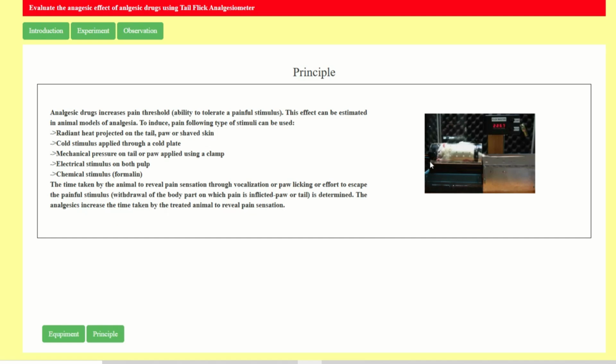It means if you have taken an analgesic, it will increase your pain bearing capacity compared to a person who has not taken the drug. In this experiment we are going to use two animal groups, with analgesic and without analgesic, and see how much time the analgesic increases when applying radiant heat to the animal tail. So now we will see the next part of the experiment.